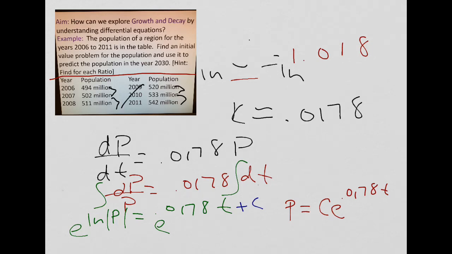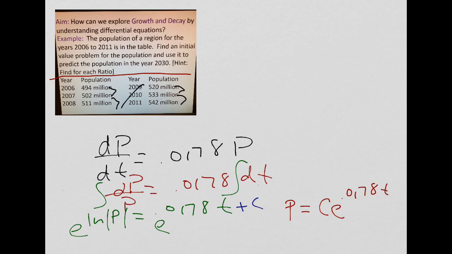Make sure this is in your notes. I have to erase some space here so we can solve for C. It says find an initial value problem for the population and use it to predict the population in the year 2030. If t equals 0 represents 2006, then t equals 24 for 2030.